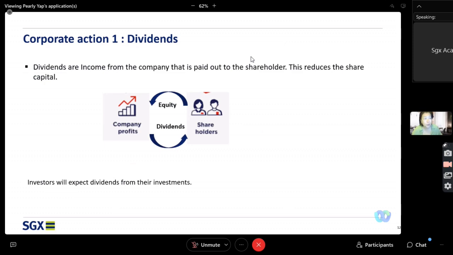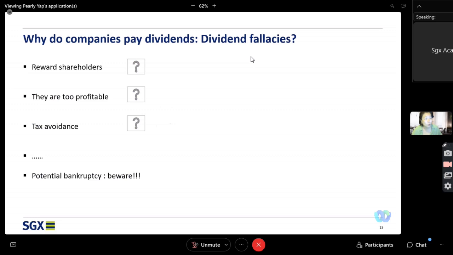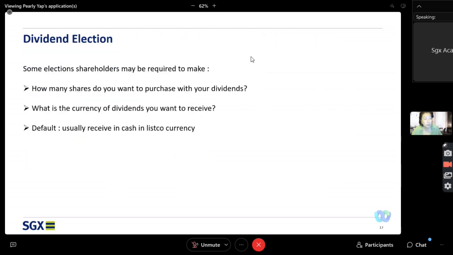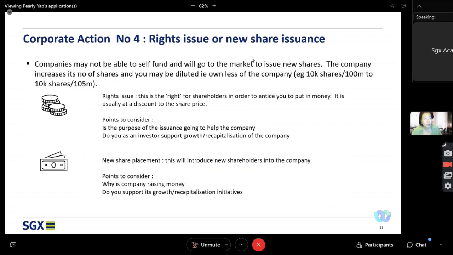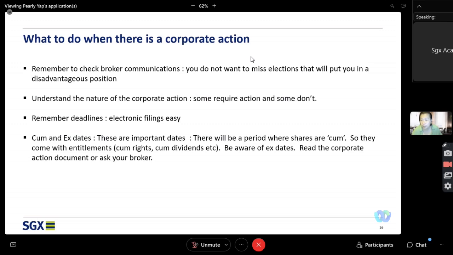We have covered share buybacks and rights issues, and then we have covered corporate actions in terms of M&As and spin-offs. So that's quite comprehensive. If you look at the list in SGX, this is most of the things that have happened, okay?